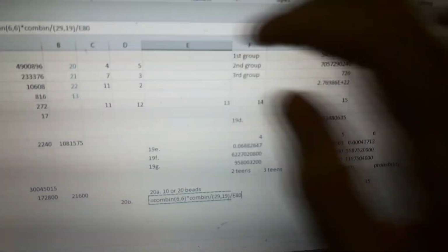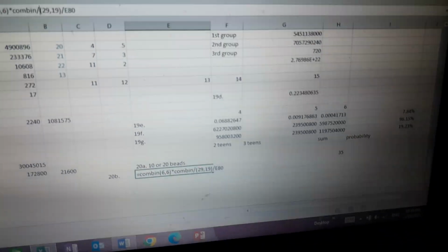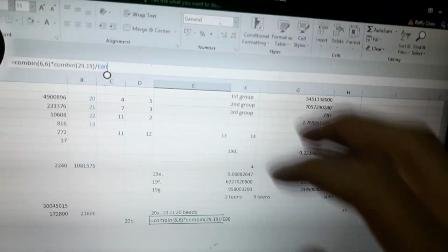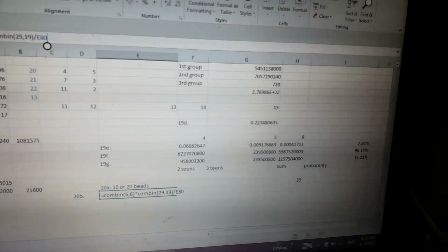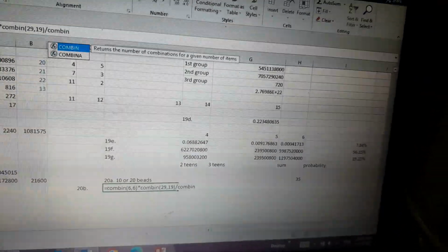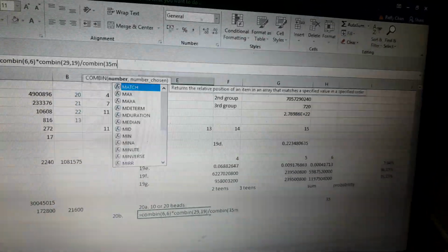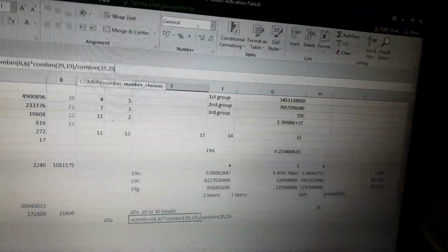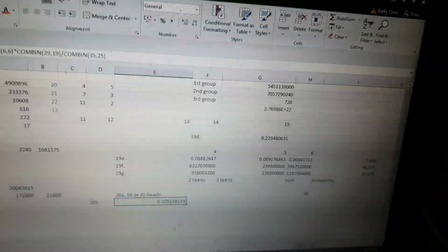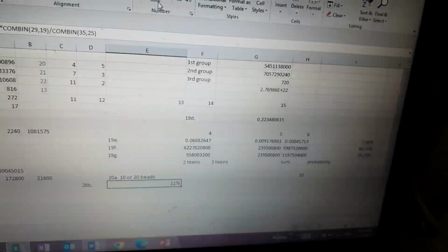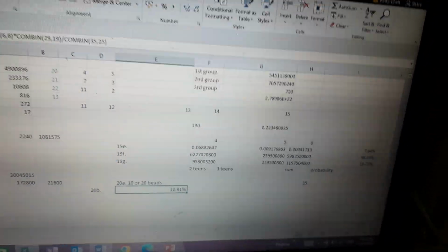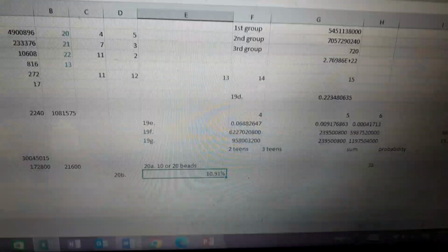I should have put a slash, but that can't be done, so I need to divide. What is the answer that we get? The answer is 10.91%, which is translated to 11% if you round it off.